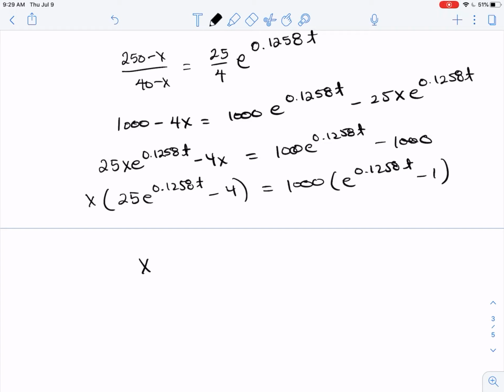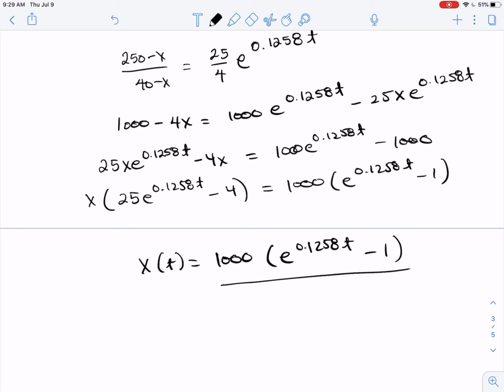So I'll have x of t equal to 1,000 times e to the 0.1258 t minus 1, over 25 e to the 0.1258 t minus 4.